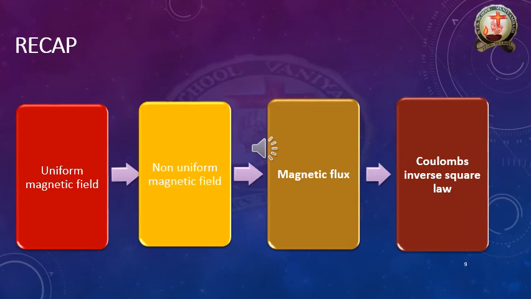And in a non-uniform magnetic field, the magnitude or direction, or both, vary from point to point. This type of field we call a non-uniform magnetic field. The example of uniform magnetic field is the earth, and the example of non-uniform magnetic field is a bar magnet.